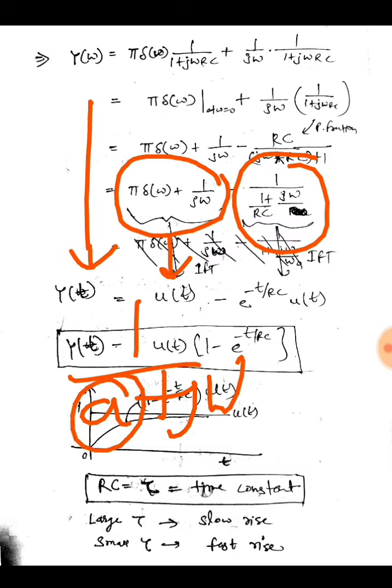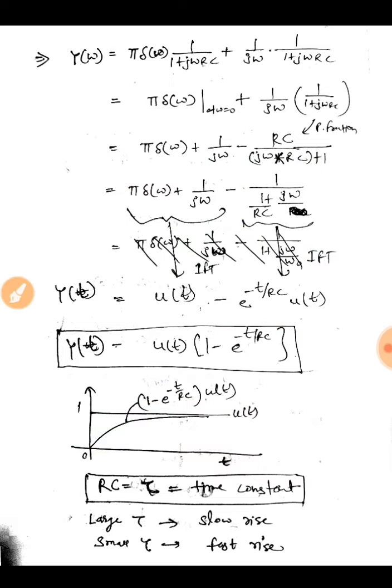In it, a is 1 upon RC, so the inverse Fourier transform would become e raised to power minus at, that is, e raised to power minus t upon RC, u(t). So taking u(t) common, I would get u(t) times bracket 1 minus e raised to power minus t upon RC.